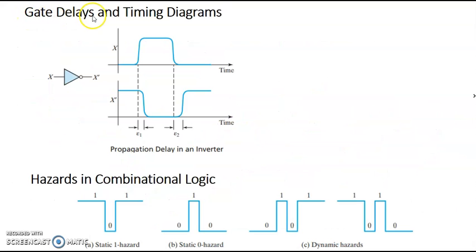So next we'll discuss the gate delay and timing diagrams. Whatever gates we are implementing, every gate will consume some time to process the input it is receiving. The time consumed by any gate in order to process is called gate delay. It's not a huge time gap; it will be very small, in terms of nanoseconds.